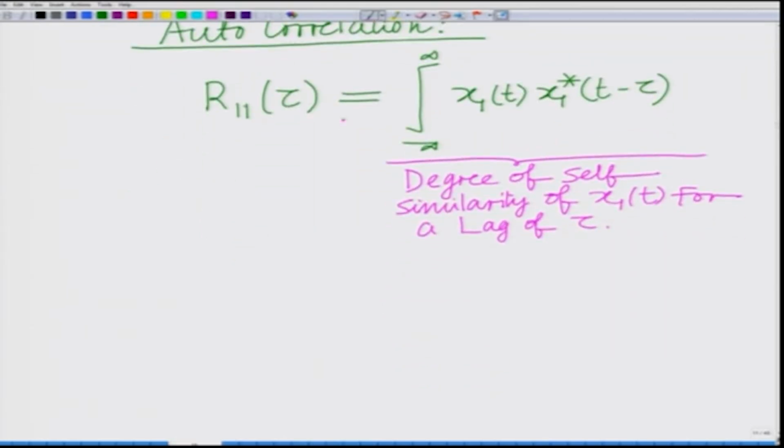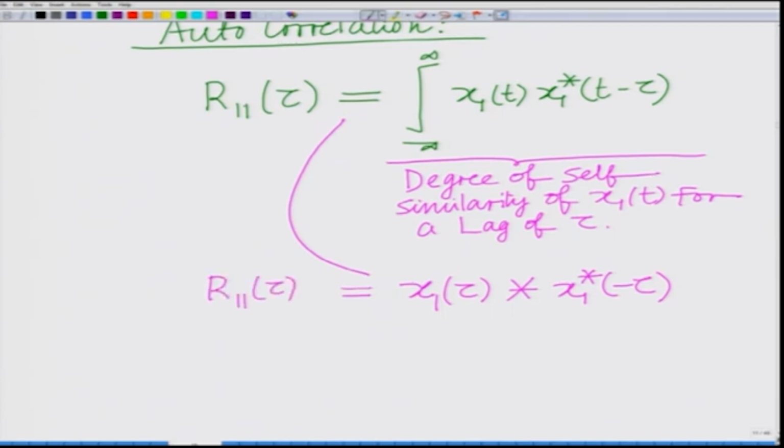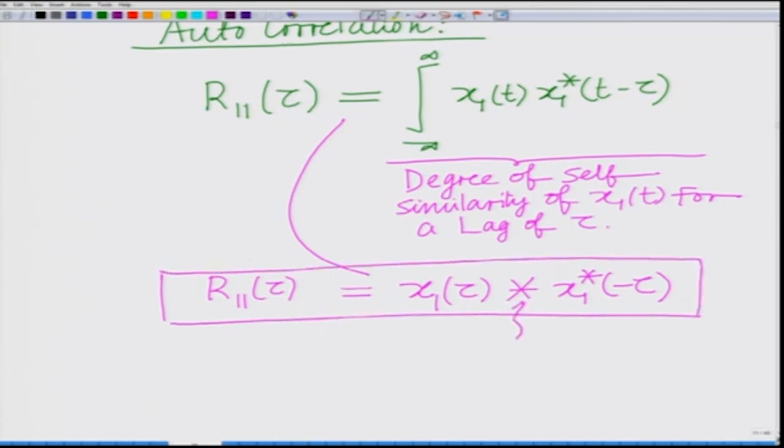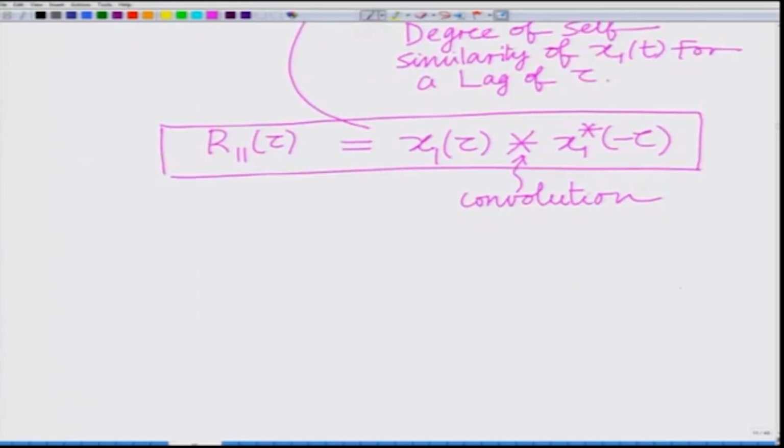So, from the property that we have shown before, we have simply replaced x2(t) by x1(t). So, this is the convolution of x1(tau) with x1 conjugate of minus tau, that is your R11(tau), the autocorrelation. This is the convolution operator.